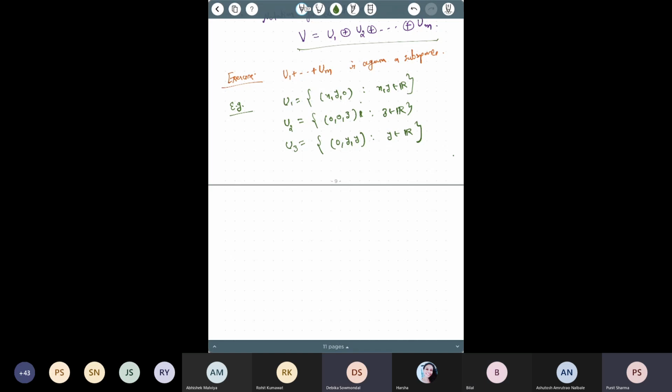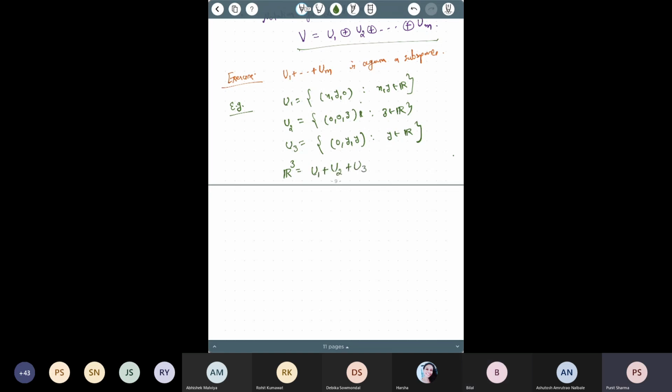They are subspaces. Yeah, so they are subspaces of R3. Now, what would be the sum of u1, u2 and u3? R3, sir. R3, yeah, R cube. So you are saying that R3 is equal to u1 plus u2 plus u3.